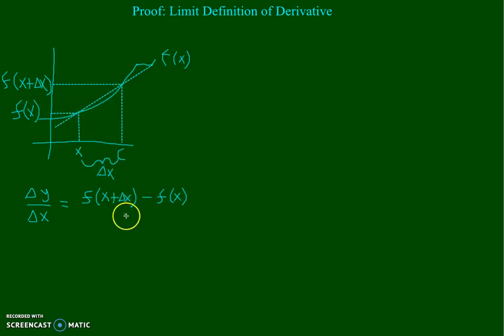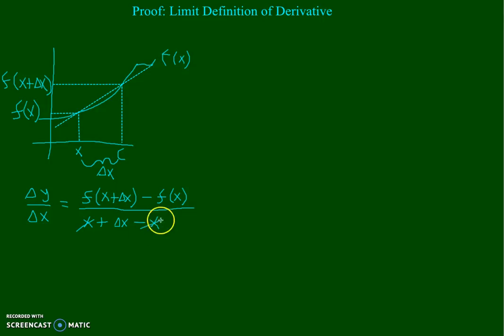And the difference of the x's is going to be, this x is x plus delta x, minus this x. Of course, that simplifies.